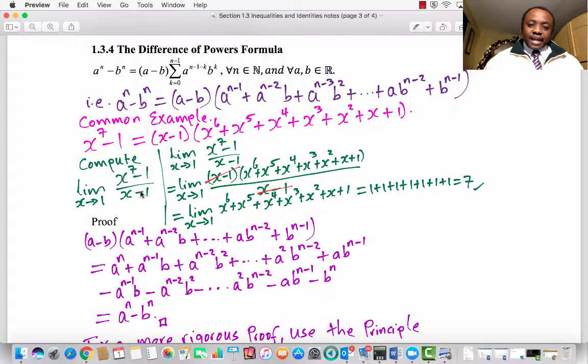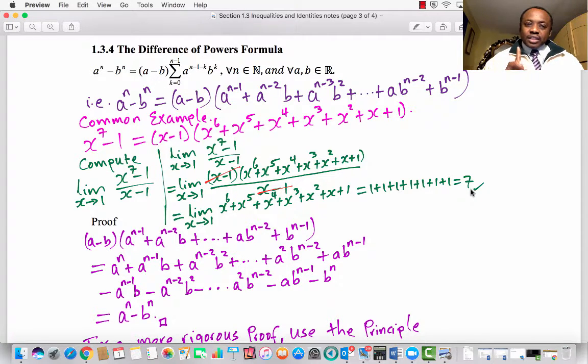In that case, x to the 7 minus 1 will be factorized as x minus 1 times all of these, divided by x minus 1. And if I cancel out x minus 1, this reduces to the limit as x approaches 1 of x to the 6 plus x to the 5 plus x to the 4 right down to 1. And if I substitute in 1 for x, that gives me 1 plus 1 plus 1 plus 1, 7 of them, and my answer is 7.